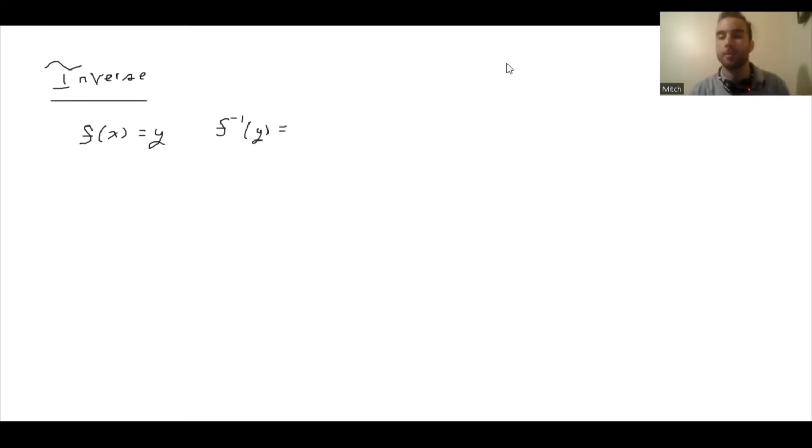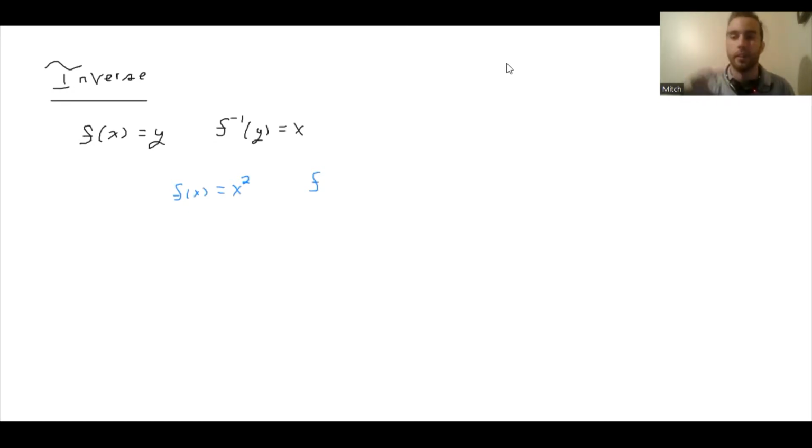And so it might not always be unique. That's why in cases where we had f of x equals x squared, you need to look at the domain of this function. And so for that inverse, if we restrict this to the positive domain, then we'll have the positive square root.